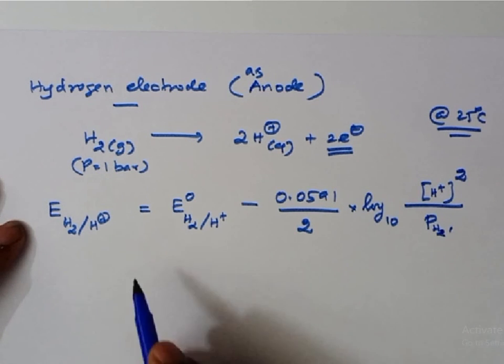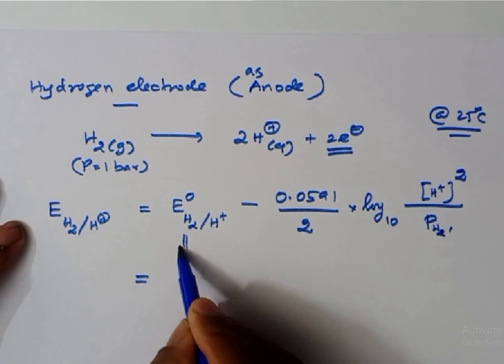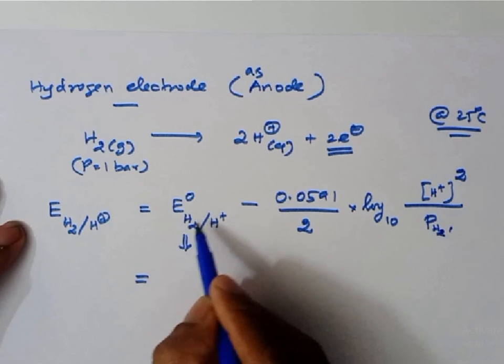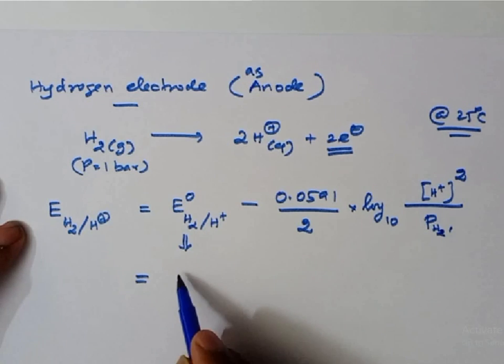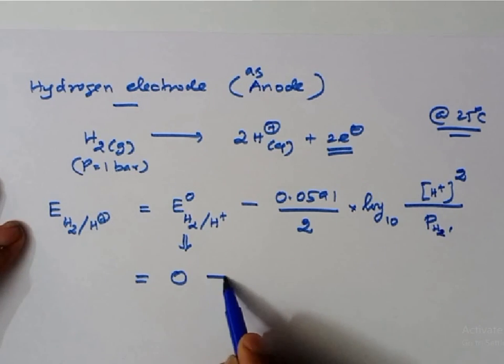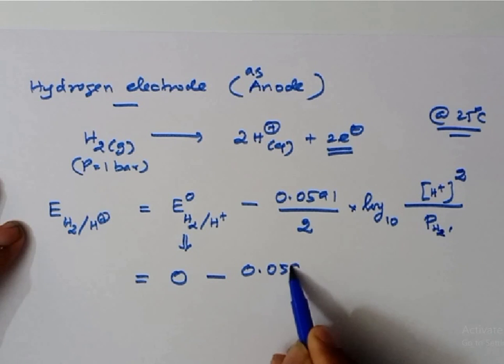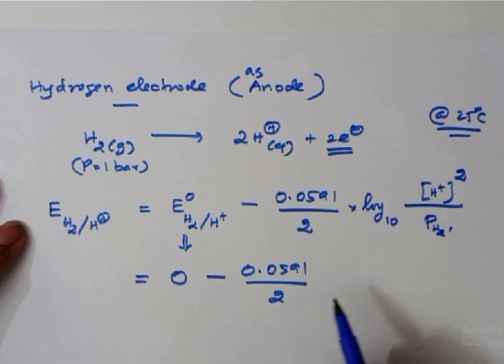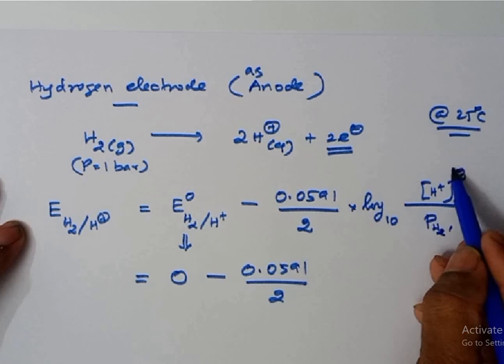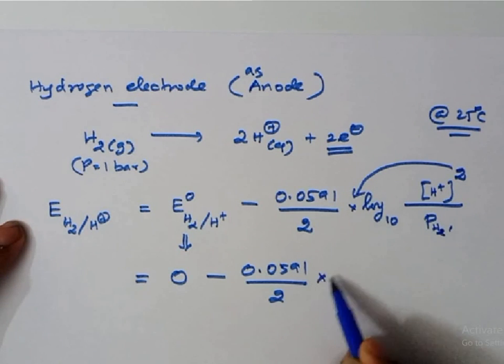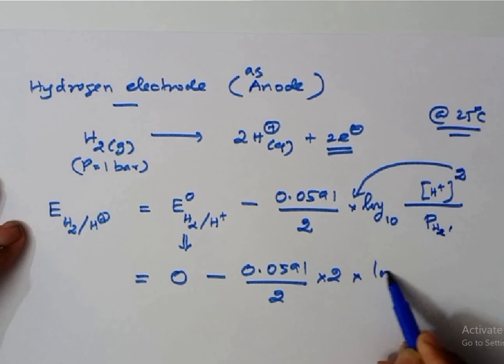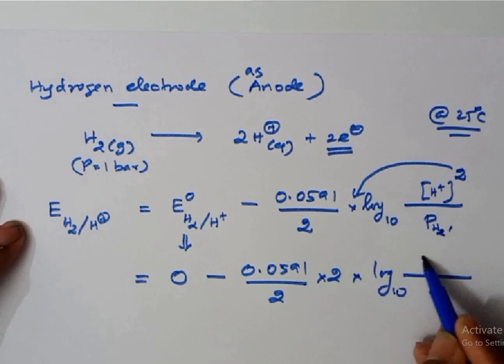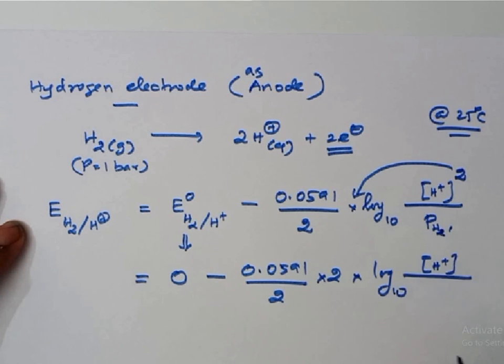And you know very well, student, since the standard hydrogen electrode potential is 0, this becomes 0 minus 0.0591 divided by 2, and apply the power rule. If I apply the power rule, this 2 will come to the front, so 2 into log base 10 of the concentration of H plus ion, and pressure is given as 1 bar.